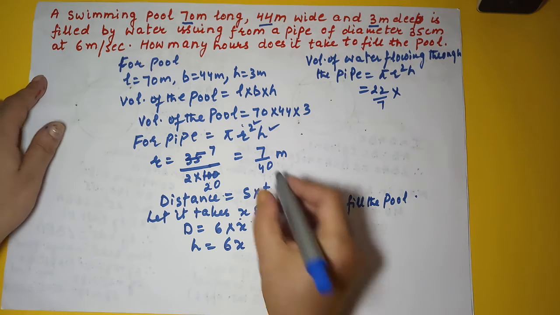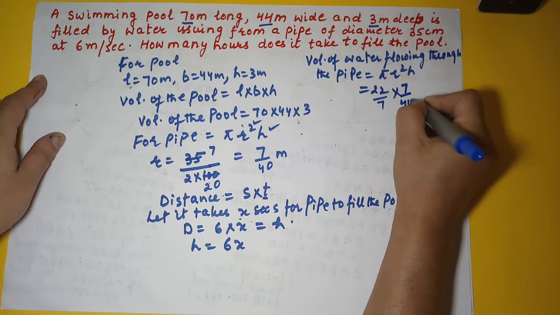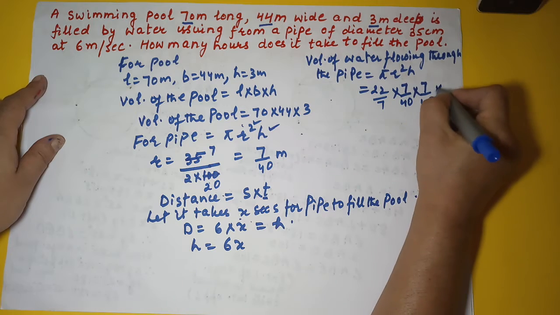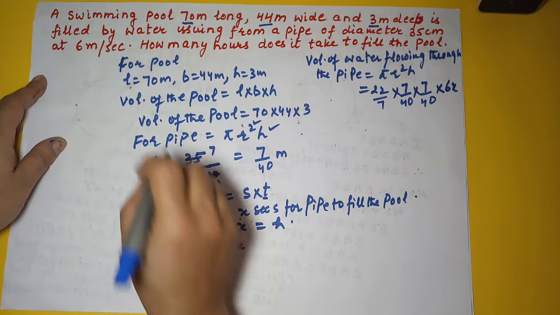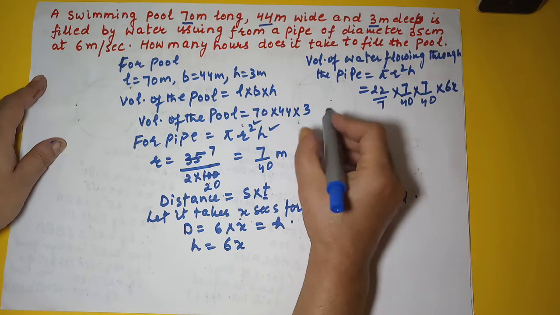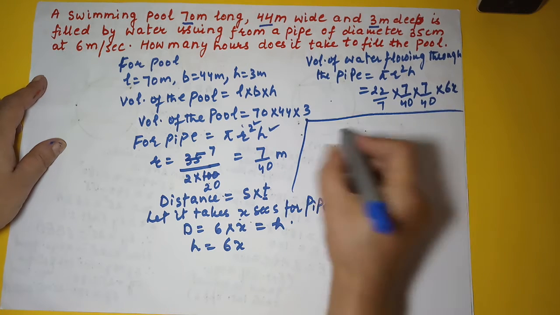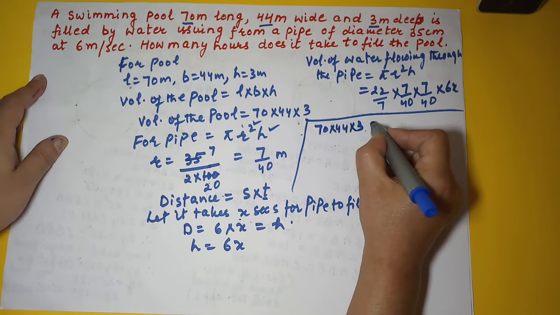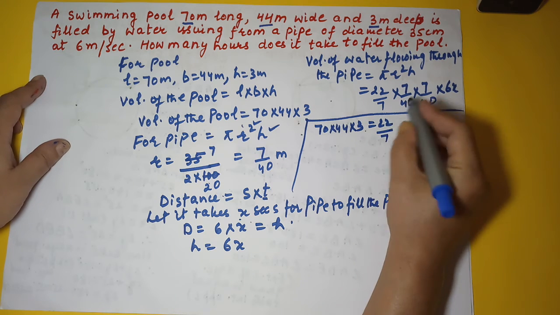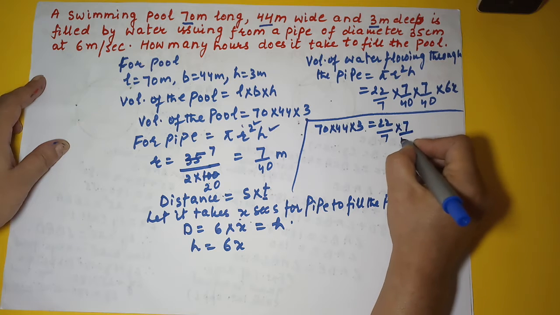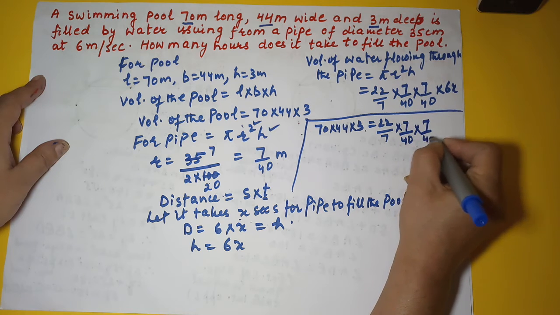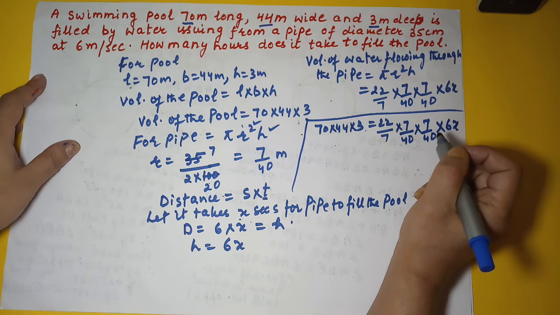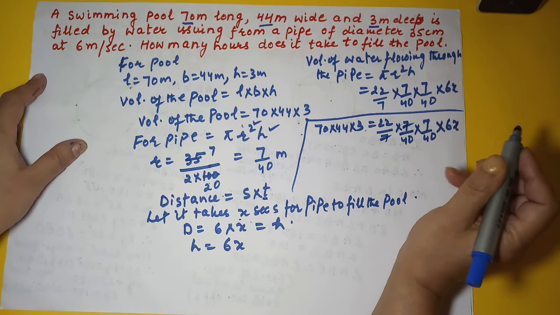My r is 7 by 40 into 7 by 40 and my h is 6x. Now I will equalize these two volumes, which is 70 into 44 into 3 is equal to 22 by 7 into 7 by 40 into 7 by 40 into 6x, right? So this 7 and this 7 will go.